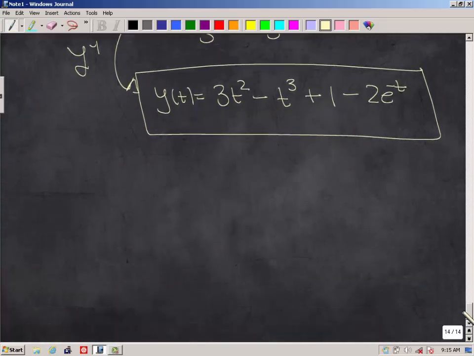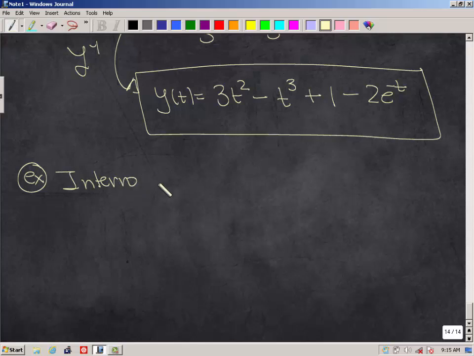Okay, the next type of problem, and the last one that we can deal with using convolutions, is something called an integral differential equation. So this is a different type of problem.